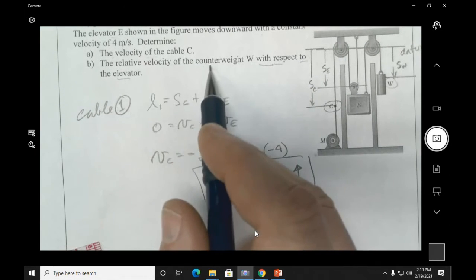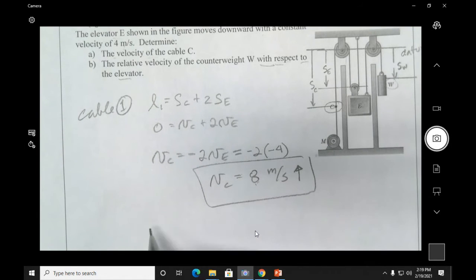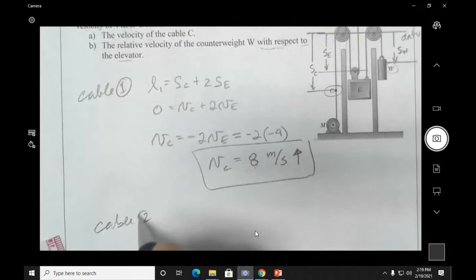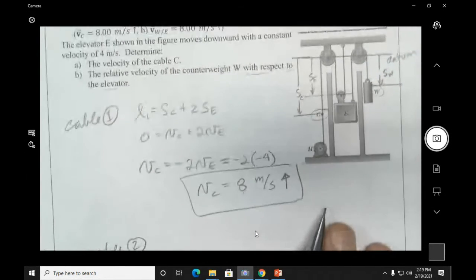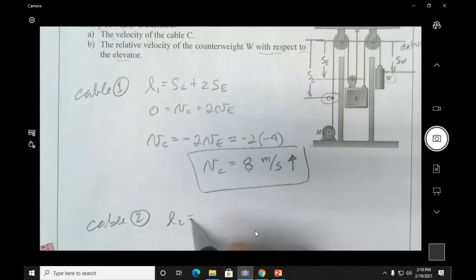And then we want the relative velocity of the counterweight. So we want to make sure that we're keeping these things straight. For cable 2, the length of the thing is not too hard, because it's just S_W plus S_E.